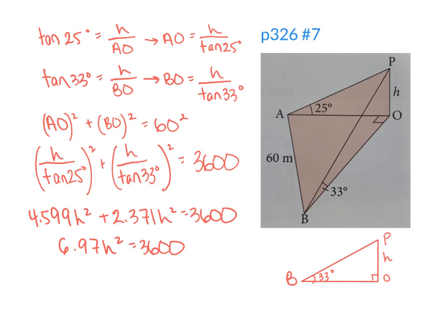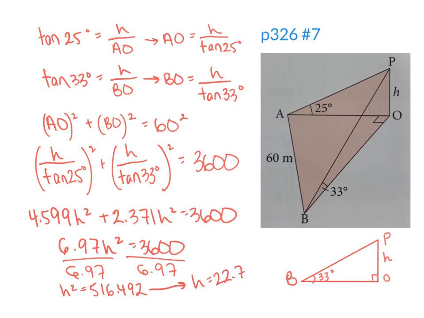I'll now divide both sides by 6.97, but please keep in mind that on my calculator, I'm dividing 3,600 by this full answer, not just 6.97. So now I have what H squared is equal to, and finally I'll take the square root of both sides to get that H is 22.73 meters.